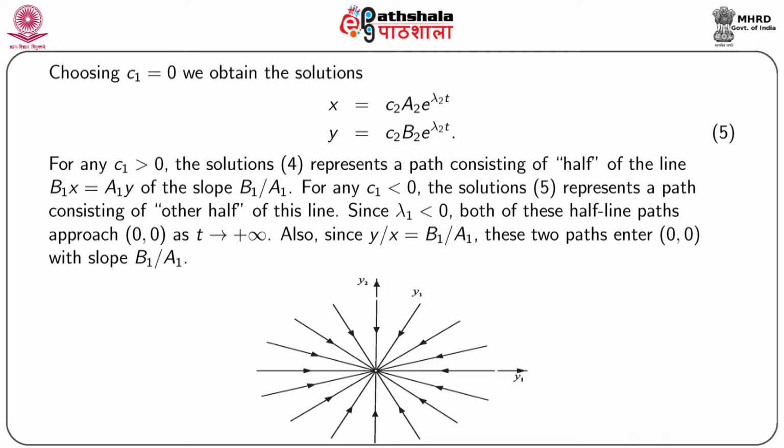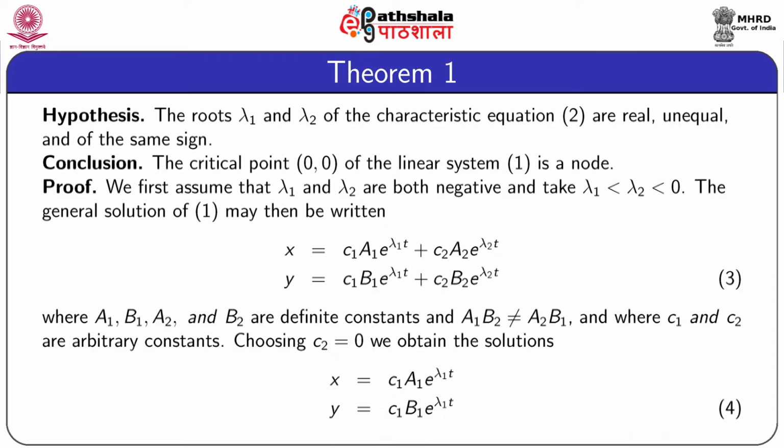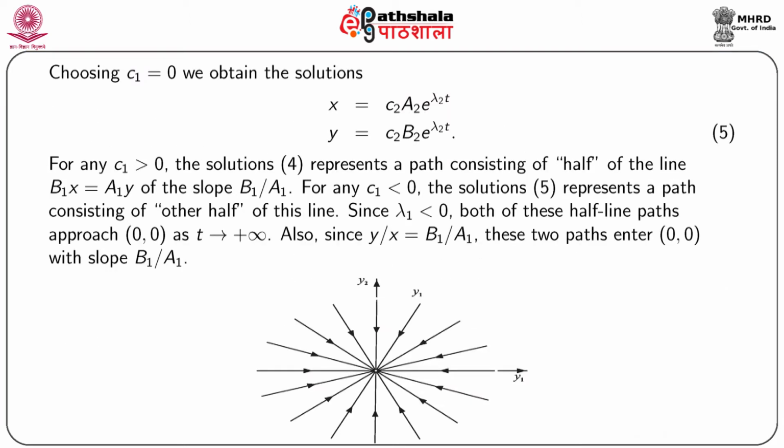The meaning of this is, if we divide, the c1 and c1 will cancel, and e^(λ1 t) and e^(λ1 t) will cancel, and you will be getting y/x = b1/a1. This is exactly shown here: for any c1 positive, the solution 4 represents a path consisting of half of the line b1 x = a1 y with slope b1/a1.